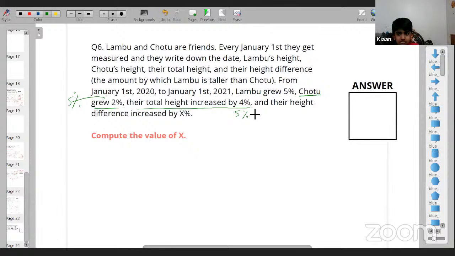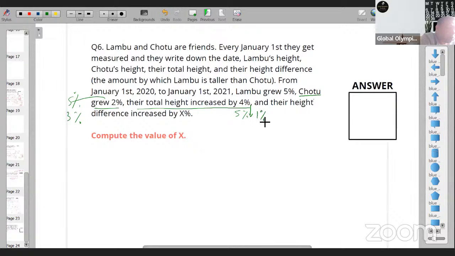Yeah. Correct. Now because Chotu grew 3% less than the required 5%, the impact on the total growth was 1%. Understood? 5 का 4 हो गया, ठीक है ना? Which means the initial total height of Chotu was one third of the total height, which means Lambu was double of Chotu's height.